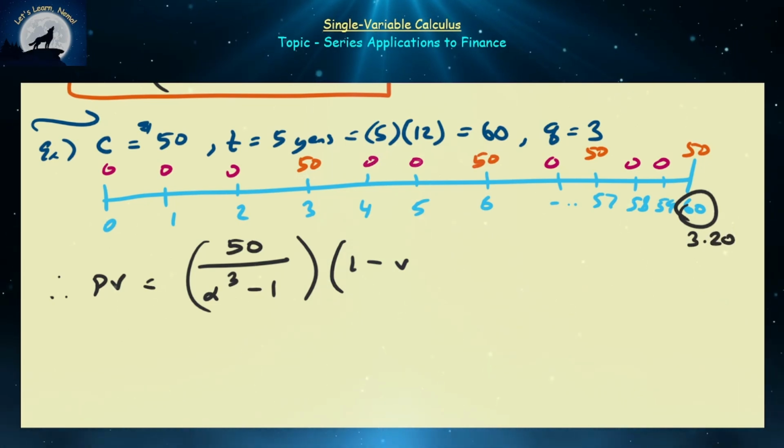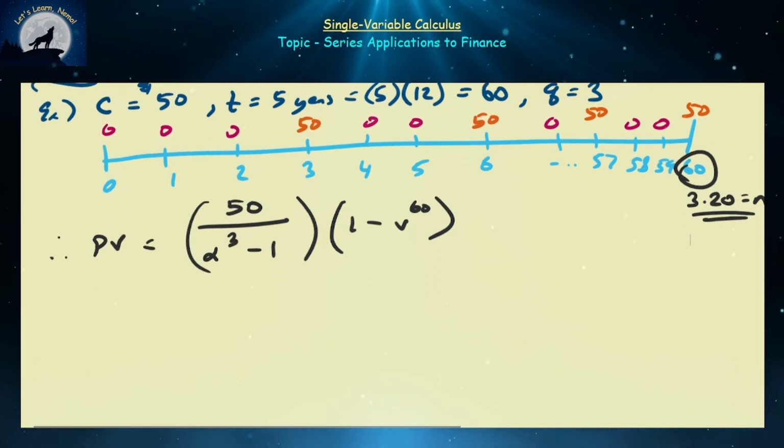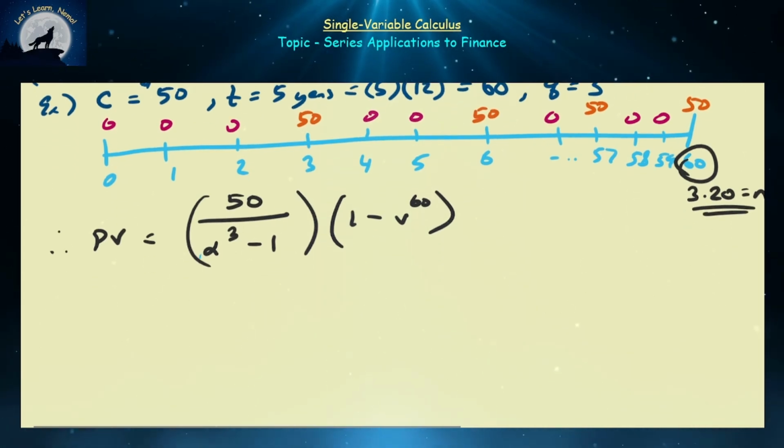So it's going to be m payments of size C that recur every q months, which still goes down to 3 times 20, which is 60. So pretty much that 1 minus nu to the power of n stays the same, just like our repeat every month style. The only difference really is instead of this being i, which is alpha minus 1, now it's alpha cubed minus 1 instead.